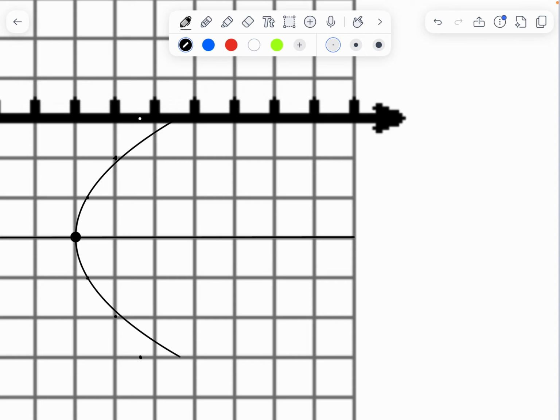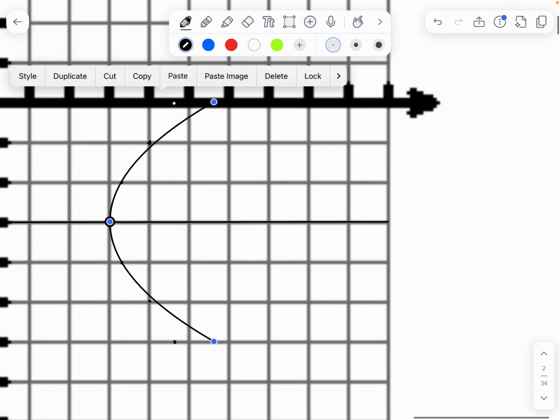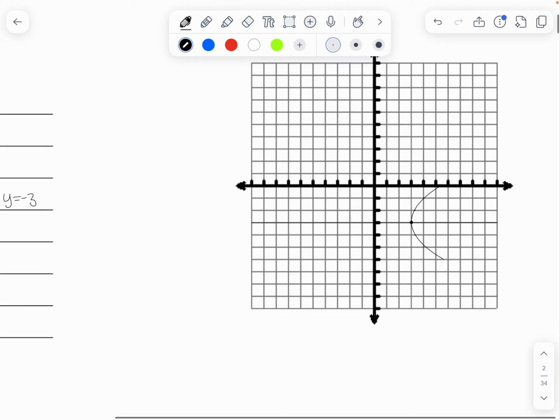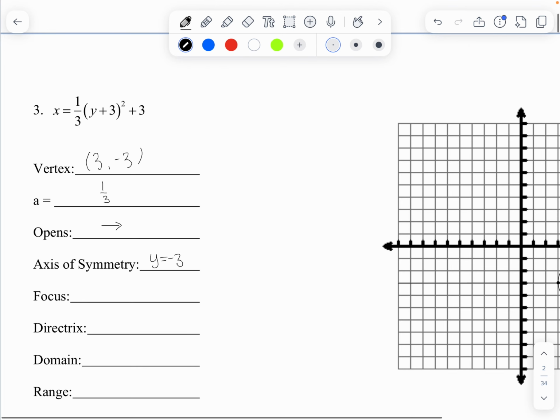So that's not exactly matching up. I don't think it would. Yeah, wait, these points are wrong. It could be 1.66 repeating. Hang on 1 second. Oh, wait.